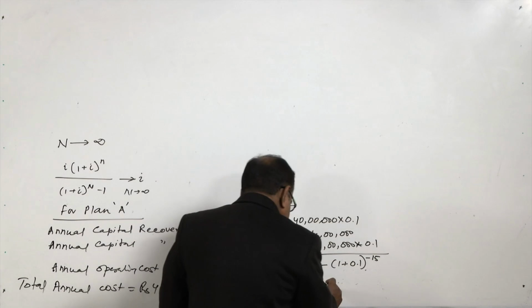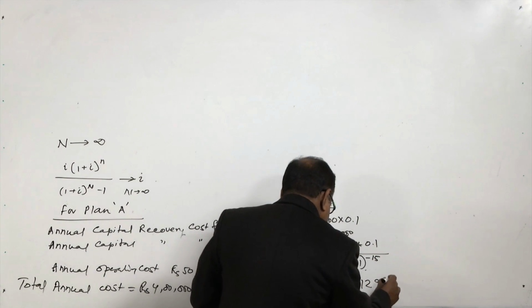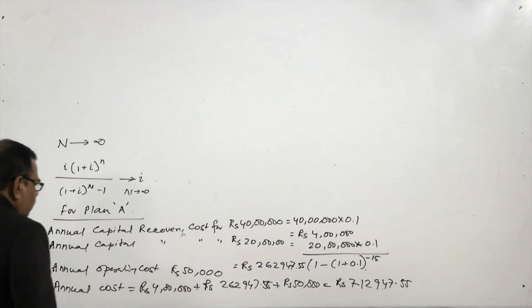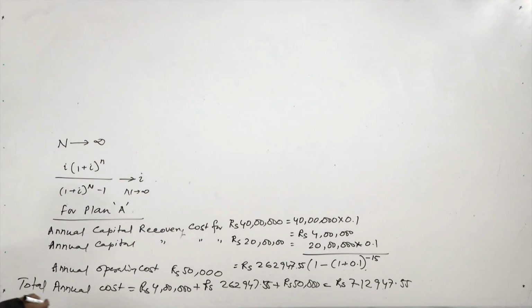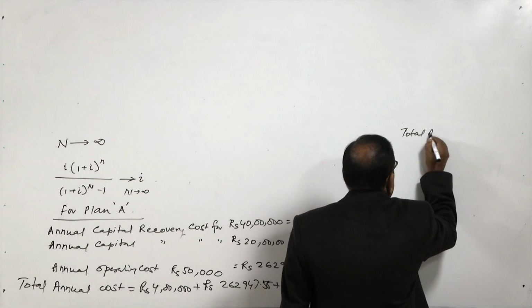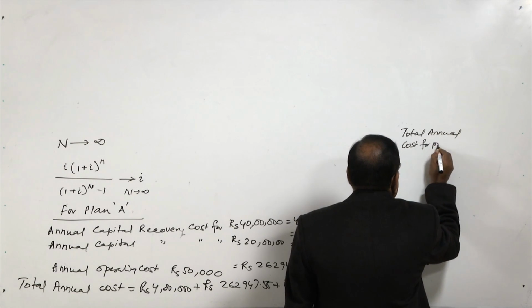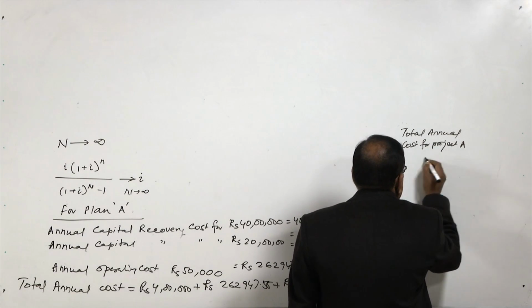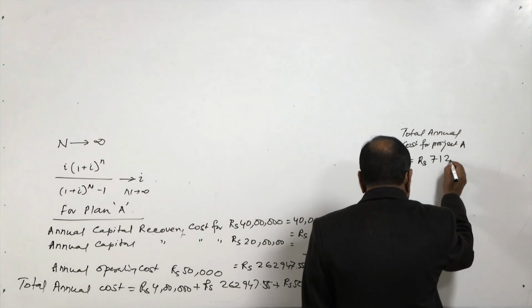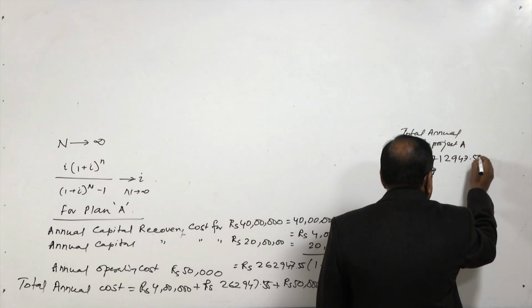This comes out to be rupees 712,947.55. So the total annual cost for project A is rupees 712,947.55.